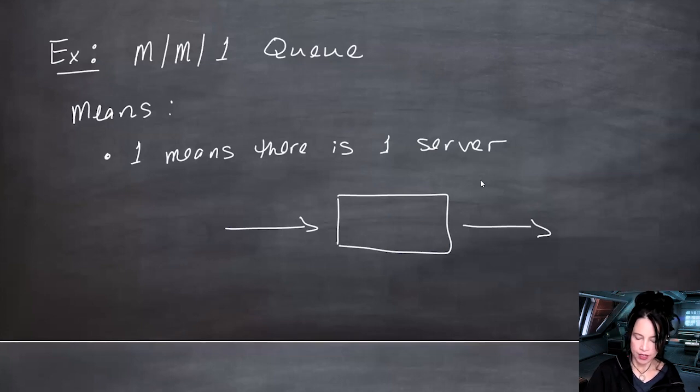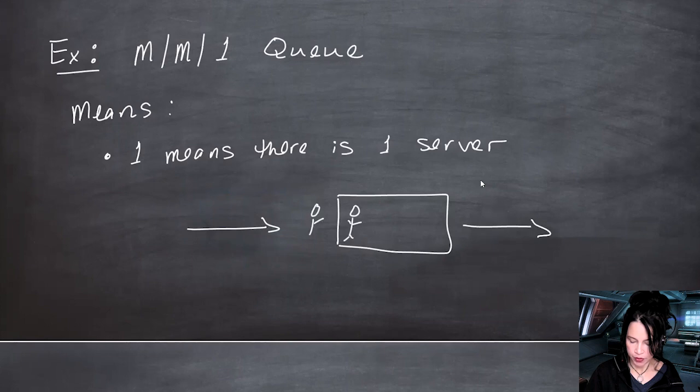You could think of the picture this way. You have a person at the server in service, and then the rest of the people lining up back here. The M's here stand for memoryless.